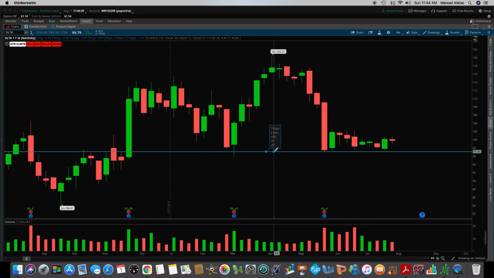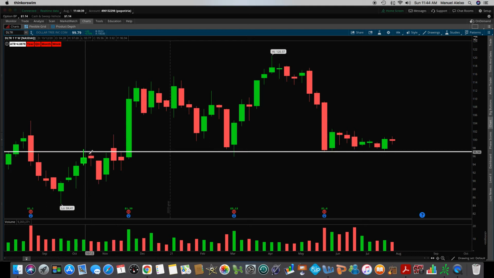As you can clearly see, this area back a year ago was an area of resistance right here. But then we broke out and put in this monster candle in November of 2020, and then we obviously went off to the races.